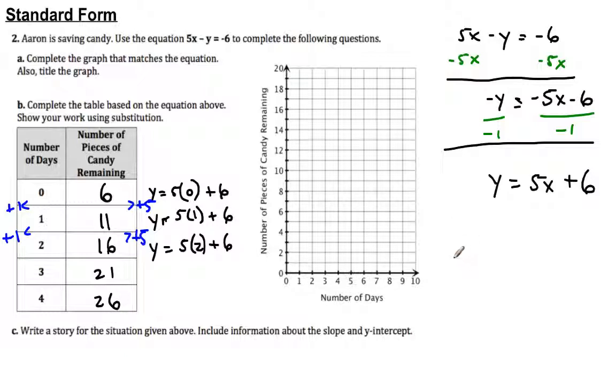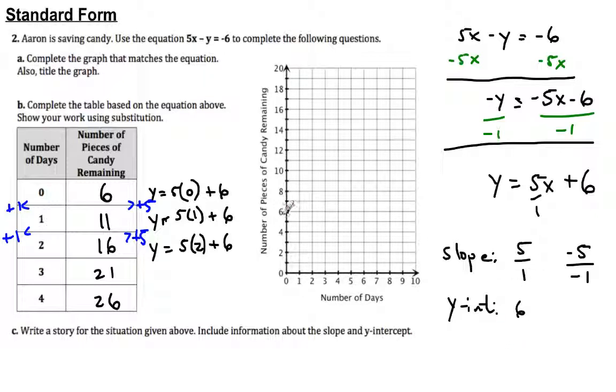All right, now let's graph it. What's our slope? Our slope is 5 over 1, or negative 5 over negative 1, right? And we can see that by writing this over 1. What's our y-intercept? Well, that's 6. Okay, so let's graph this.